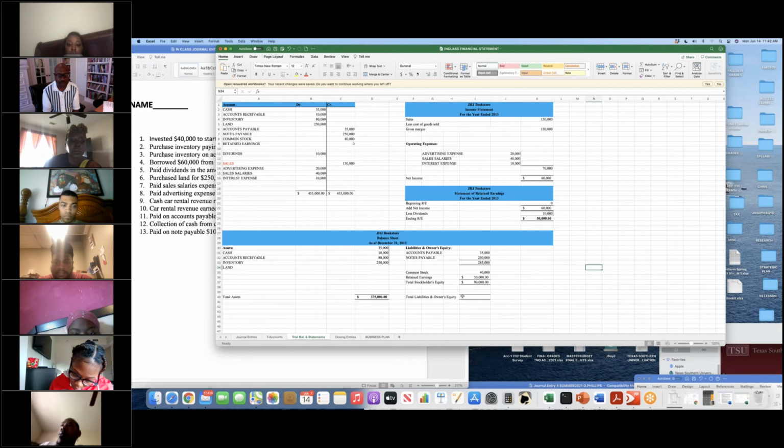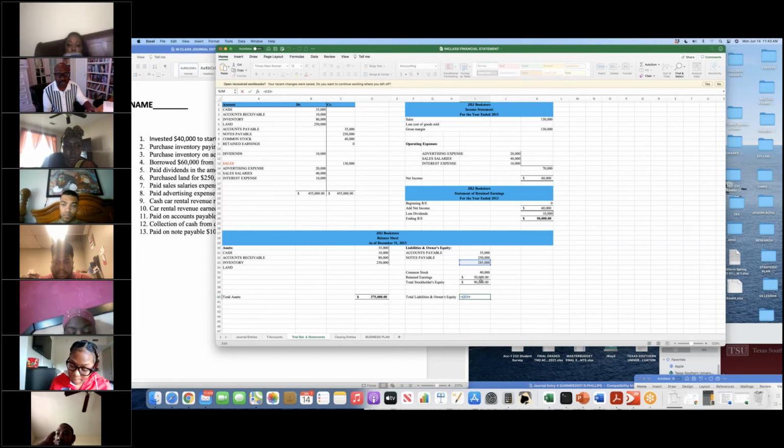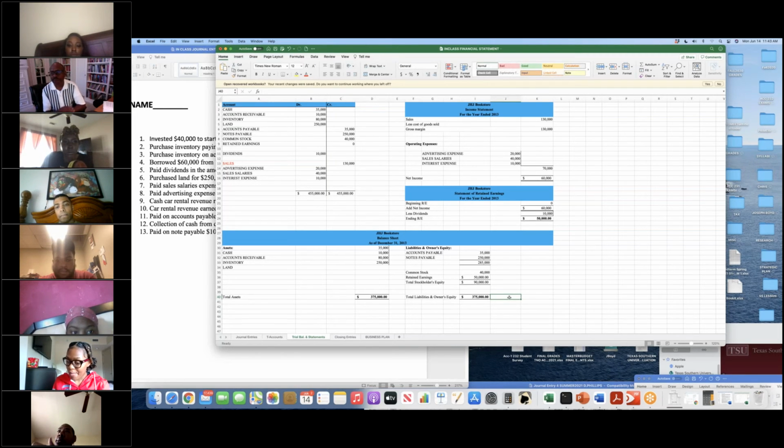And so our formula now is going to be equal of liabilities, which are here at 285, plus the equity, which is 90, and these two numbers are the same. So you see that, Dominique? Yes.